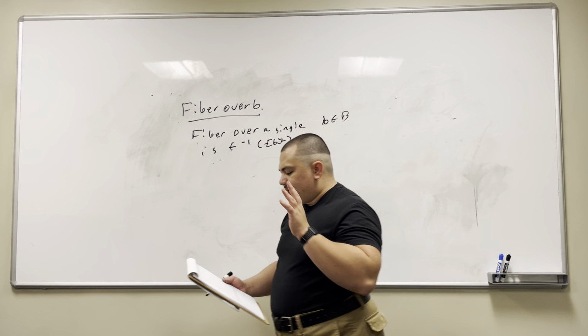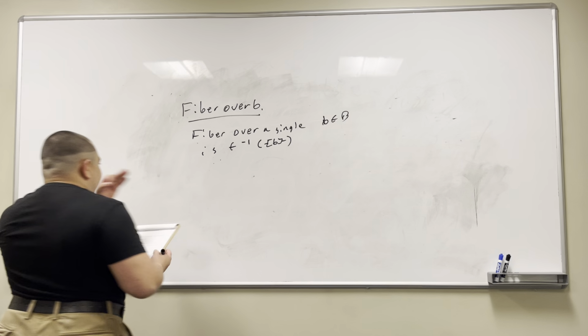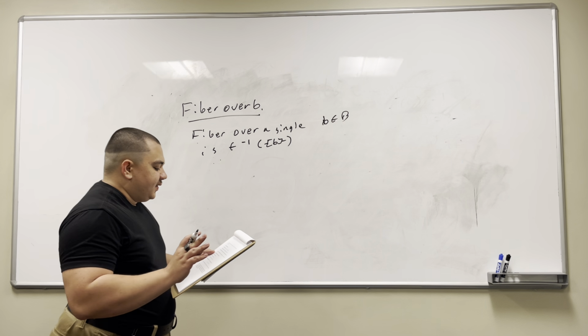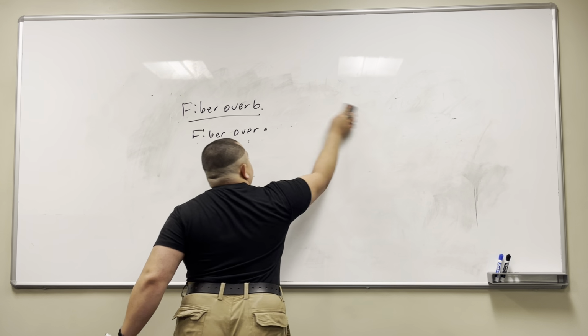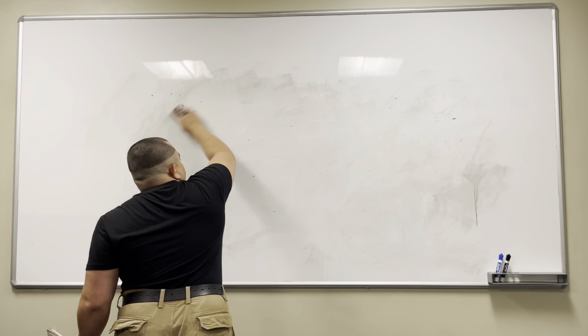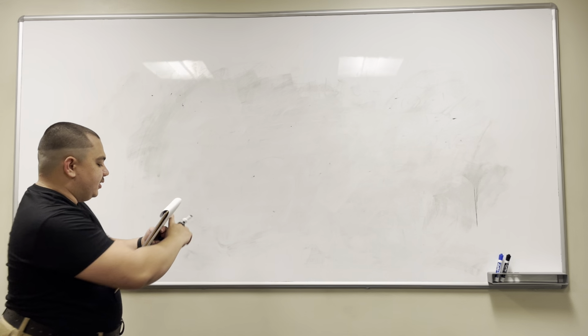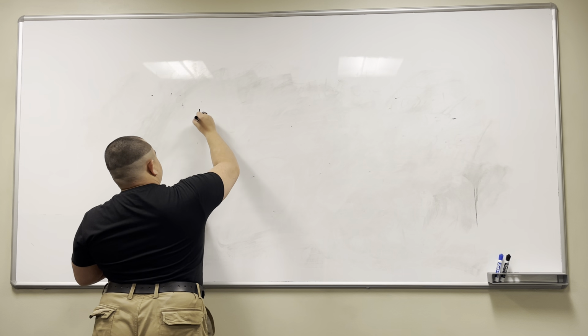The set of all inputs matching up to little b. Just to mention that real quick before turning to this next valuable piece of information, which is special types of function.